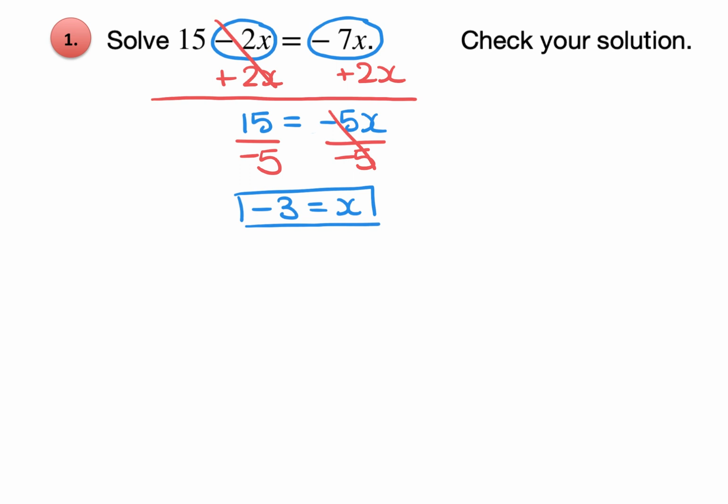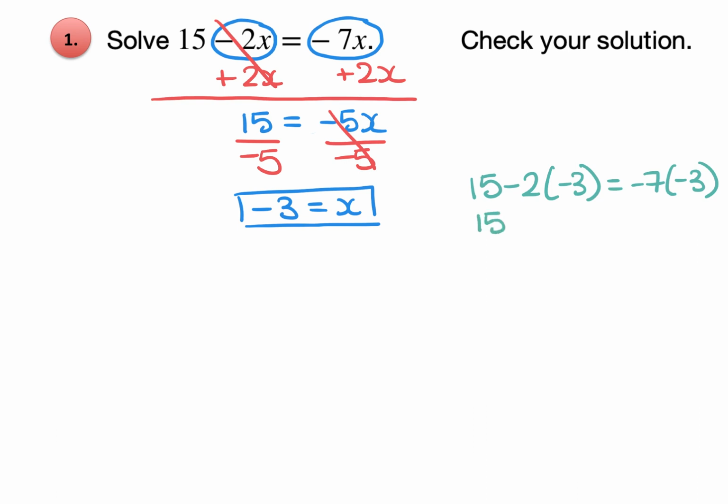And then, of course, we're going to double check our work to make sure it makes sense, so we haven't got any errors in this. So we've got 15 take away 2 times negative 3 is equal to negative 7 times negative 3. And we're going to check if both sides of our equation are equal.